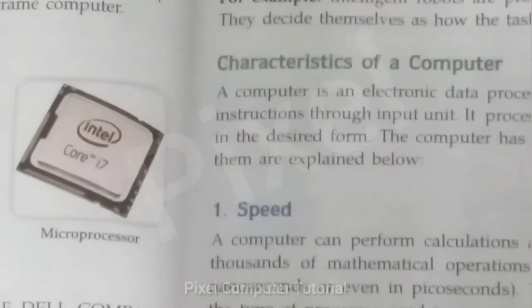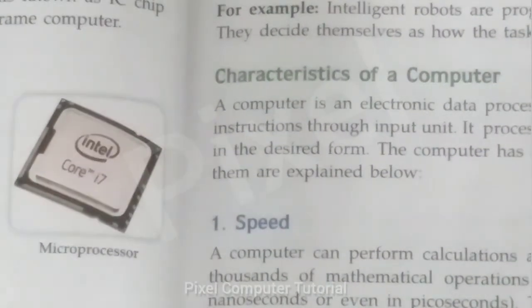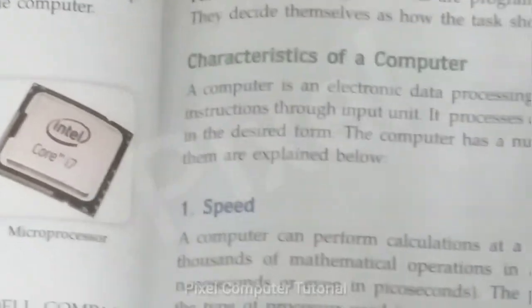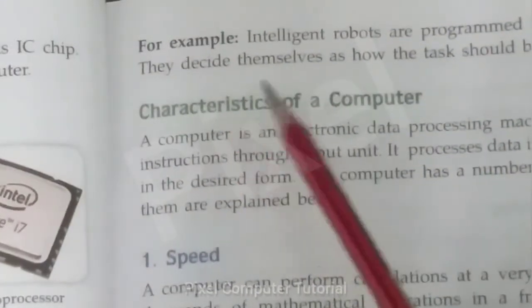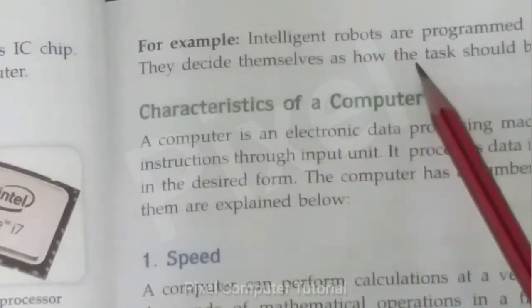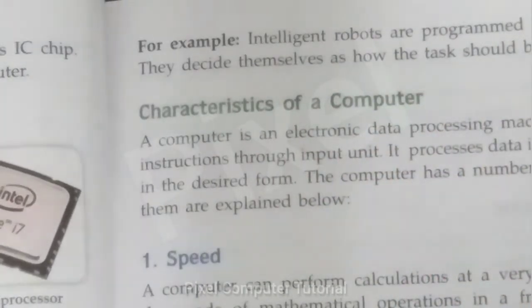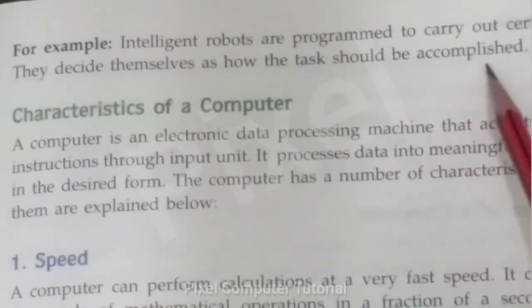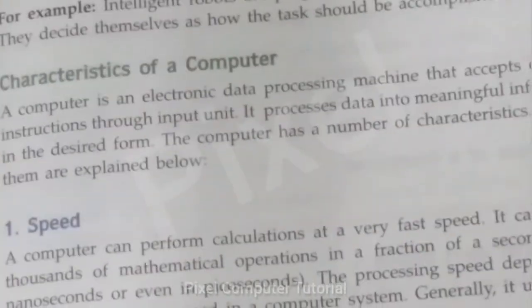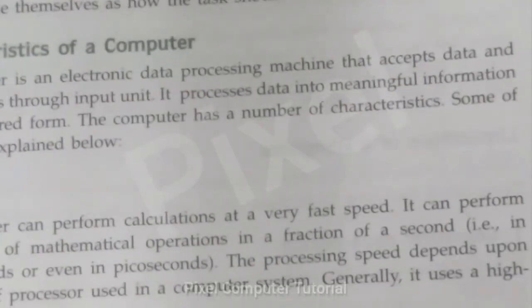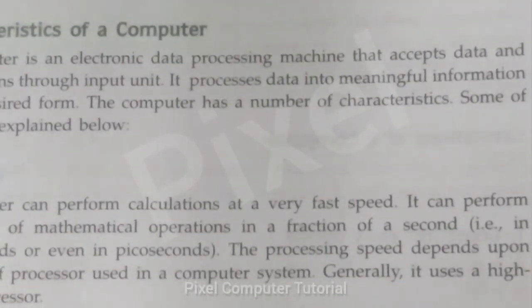Intelligent robots are programmed to carry out certain tasks, so they decide themselves how the task should be accomplished. As I told you, it is still not accomplished. The scientists are still working on this task.